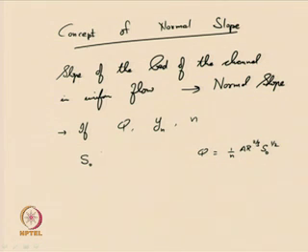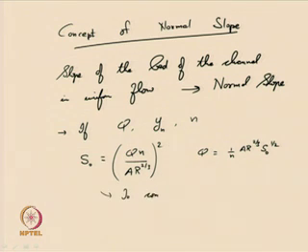So, S naught is equal to Q n by A R to the power of 2 by 3, this whole quantity raised to 2. This is the way to compute normal slope.